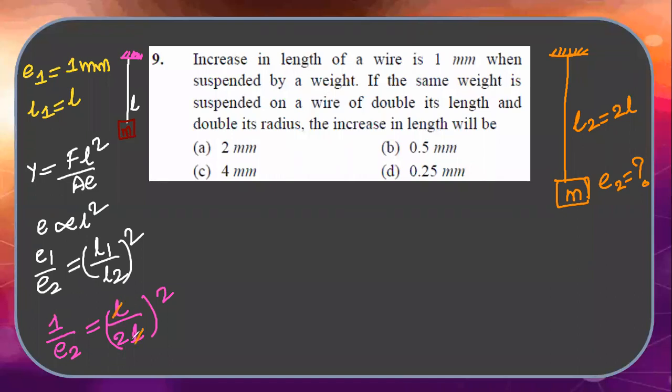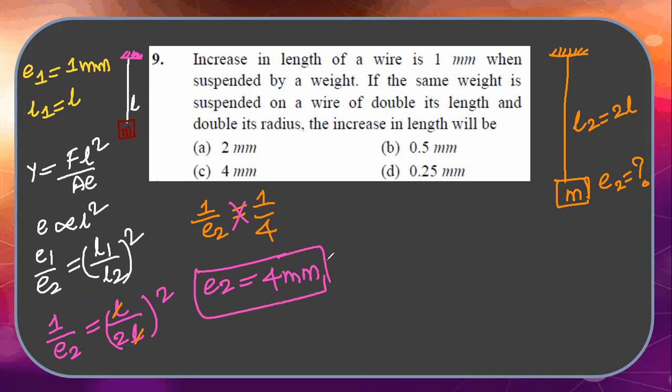Then L and L, therefore 1 divided by E2 is equal to 1 divided by 4. On cross multiplication, we will get E2 is equal to 4 millimeters. E2 is taken as 4 millimeters, right?